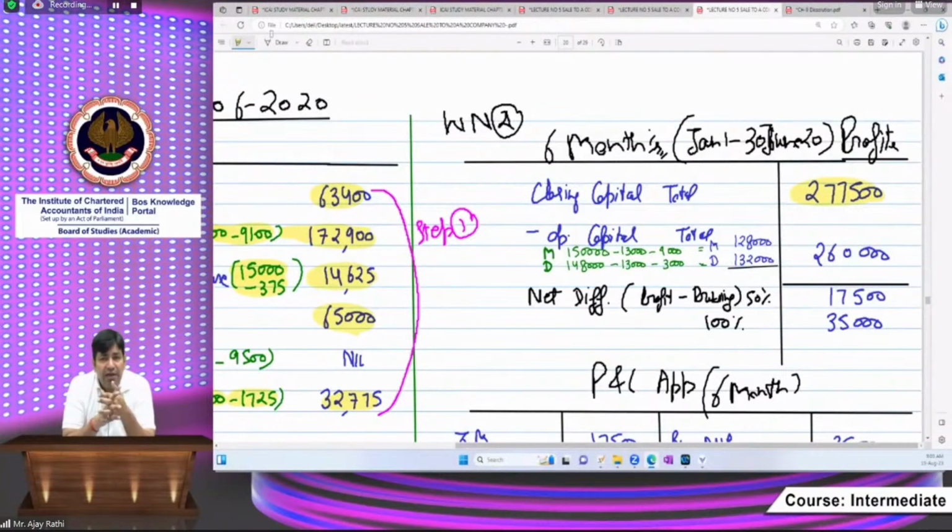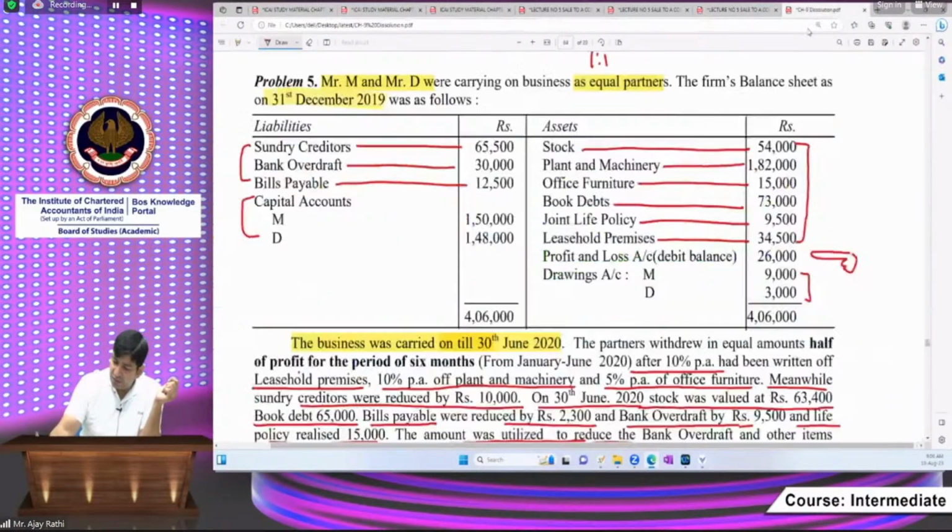Now we shall apply the same thing as we practiced in the earlier question. 2,77,500 is the closing figure of capital. And what is the opening capital? Better check the question. The question has these amounts as opening capital. Can we total? Yes, sir. 1,50,000 plus 1,48,000, that is 2,98,000.